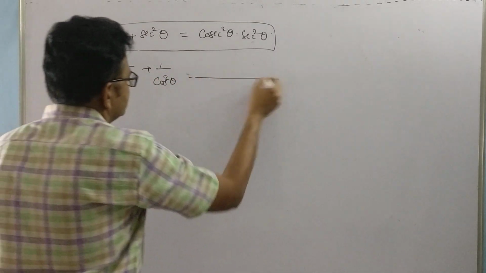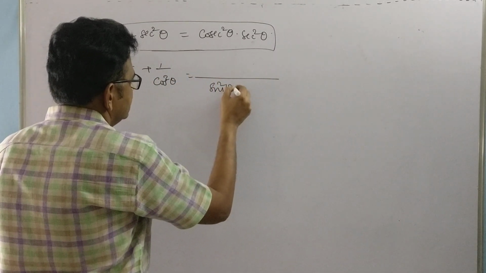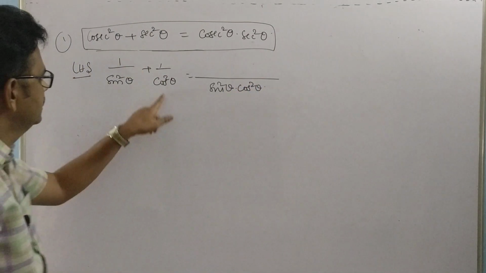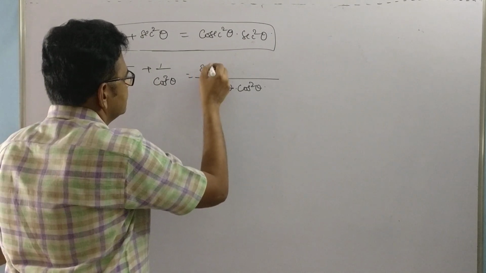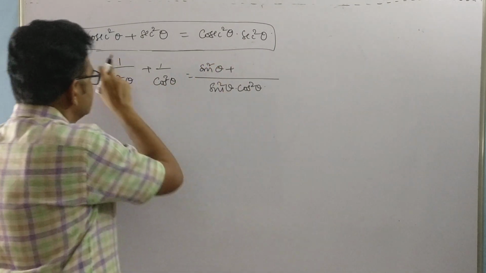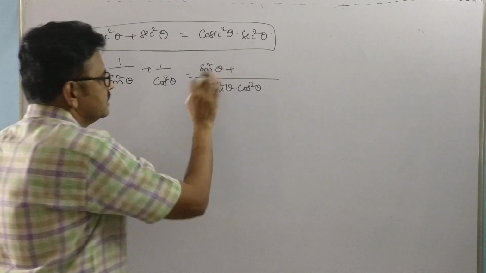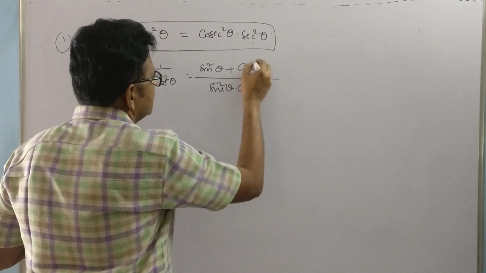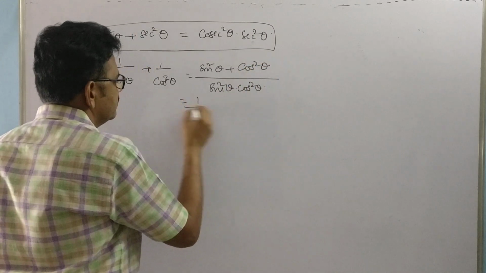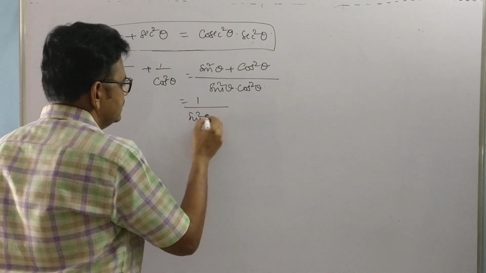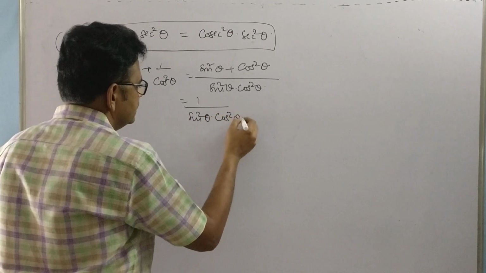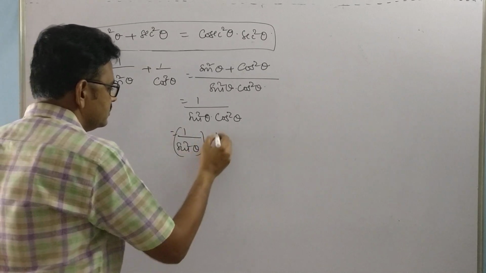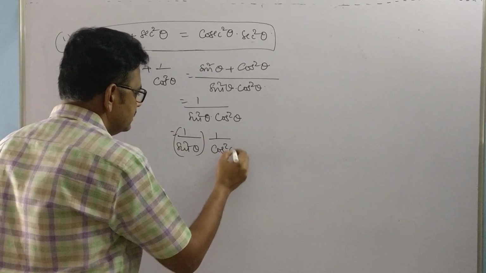By taking LCM, this is sine square theta into cos square theta in the denominator. The numerator is cos square theta plus sine square theta, or of course you can write sine square theta plus cos square theta, that is 1. So 1 by sine square theta into cos square theta, that is 1 by sine square theta, and this also 1 by cos square theta.